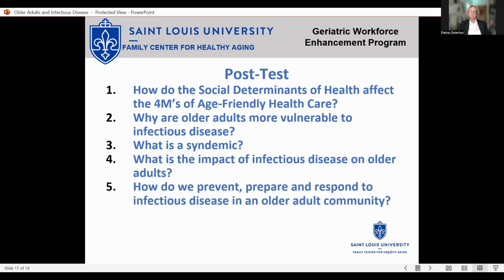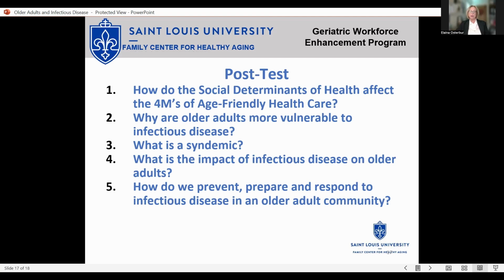Medication: low income or limited pharmacy access can lead to skipped doses or harmful polypharmacy. Then we have mentation: social isolation, low health literacy, and poor access to mental health services increase risks of depression, delirium, and dementia. Mobility: unsafe neighborhoods, lack of transportation, or unaffordable assistive devices limit safe movement and function.